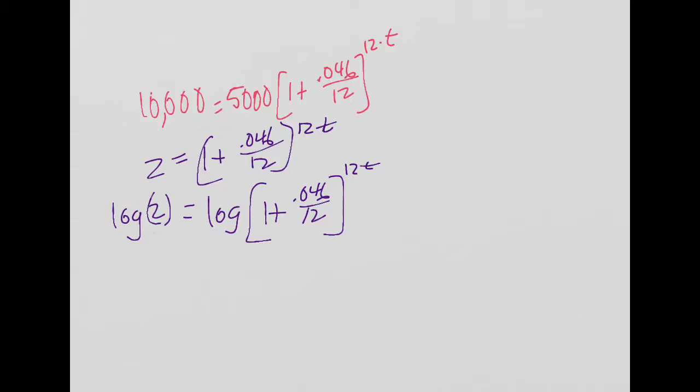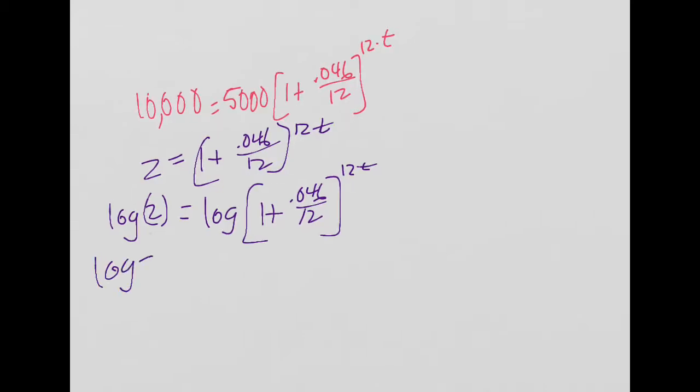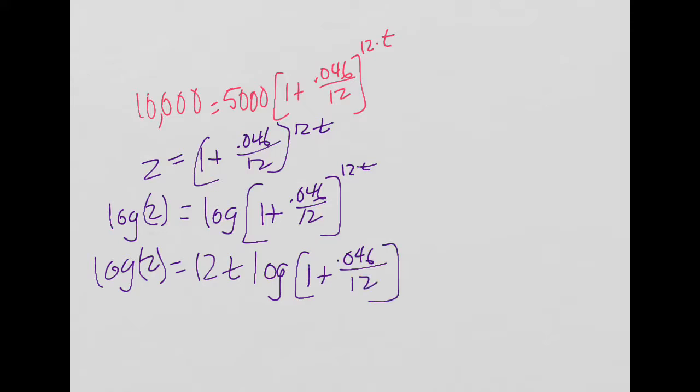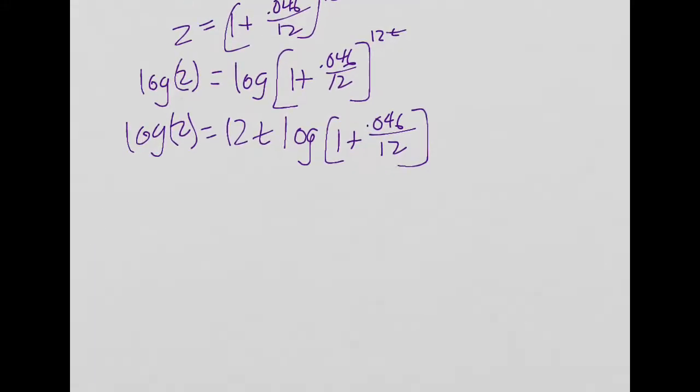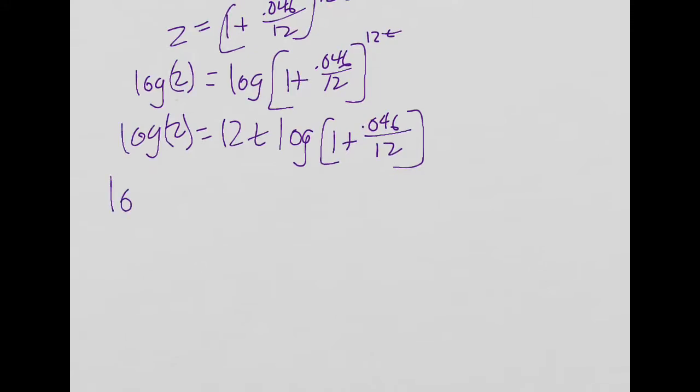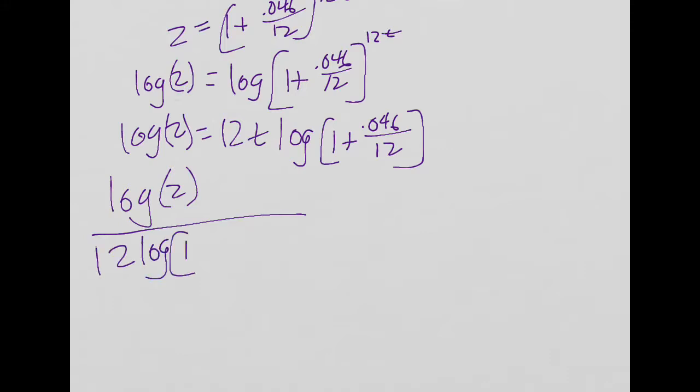I'm going to plug it, so I'm going to get log of 2 equals 12t times the log of 1 plus 0.046, that rate divided by 12. So solve for t, so I'm going to get log of 2 divided by 12 log of 1 plus our rate, 0.046, divided by 12.